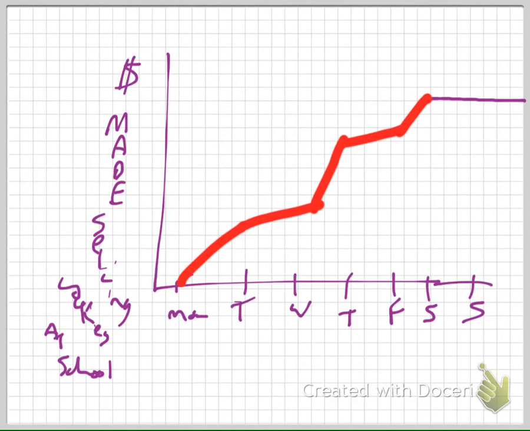Made some money here, going up. Suddenly, it's flat. Why is it flat? Tell me the story behind this. Why? Because there's no school on Saturday and Sunday. You see what I'm saying? On Saturday and Sunday, they didn't make any more money because there's no school.